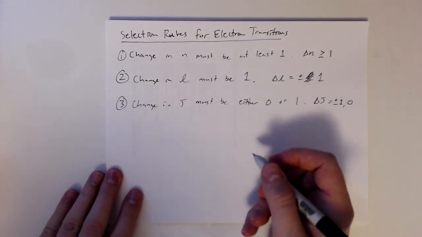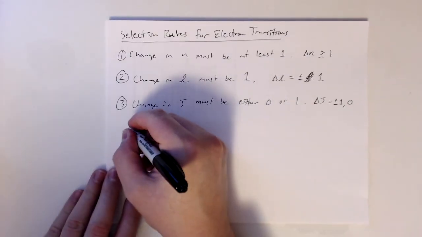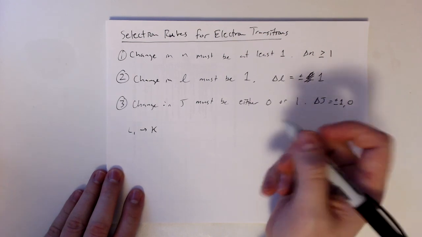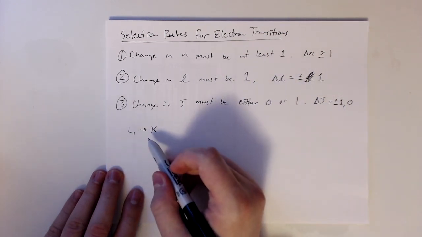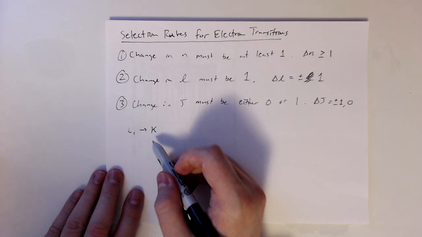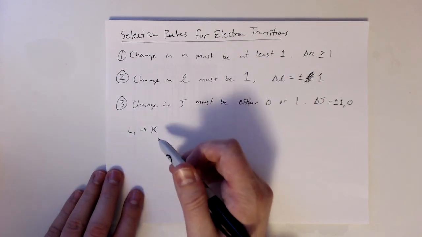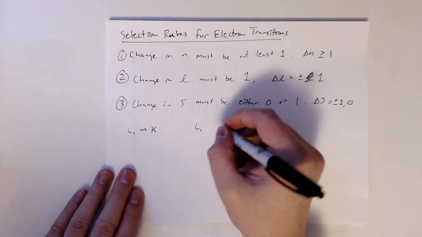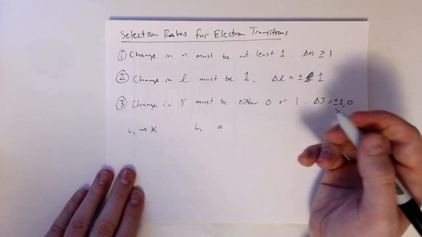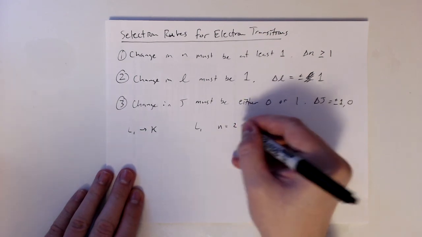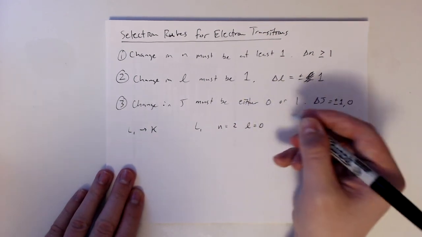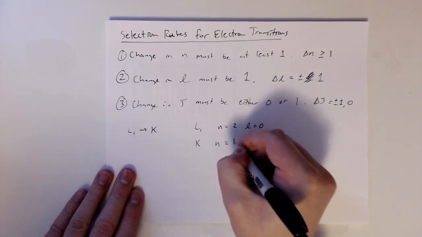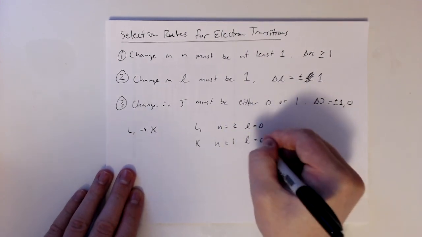All right, so let's take the example of L1 to K. This is the one that we saw in the figure on the slides, we don't see this. So let's look at the transitions here. So for L1, we have the values of these electrons as n equal 2, L equals 0, and for K, we have n equal 1, L equal 0.